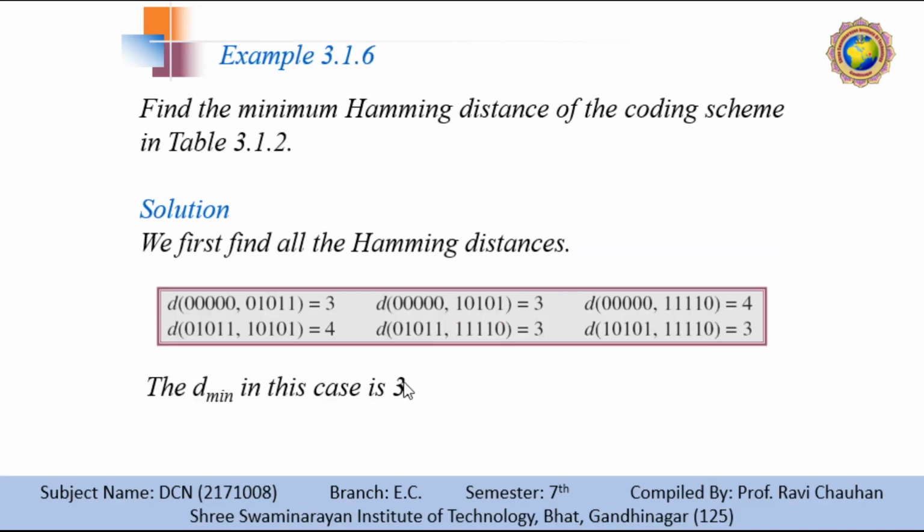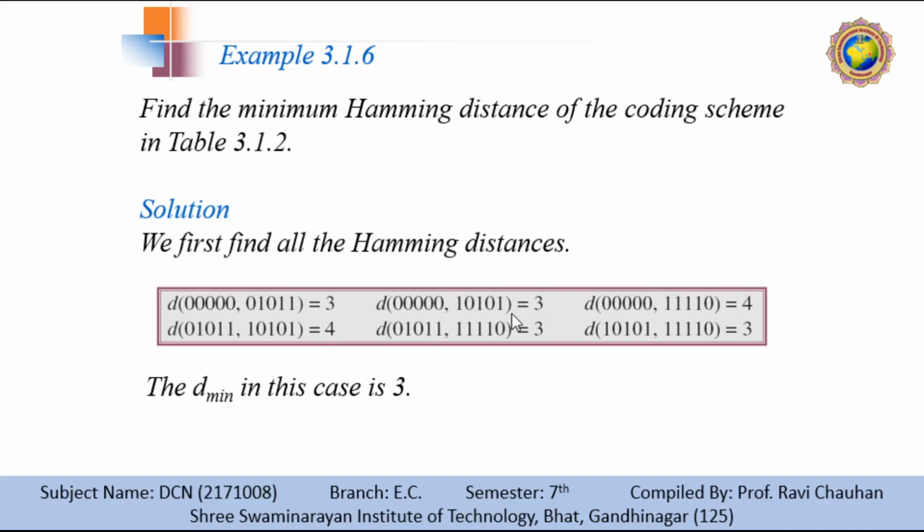Another example. The table data is written over here. What is the minimum Hamming distance for this scheme? Over here there are 3 ones, so it is 3. Over here 4 changes: one in the first bit, second bit, third bit and fourth bit, so the Hamming distance is 4.